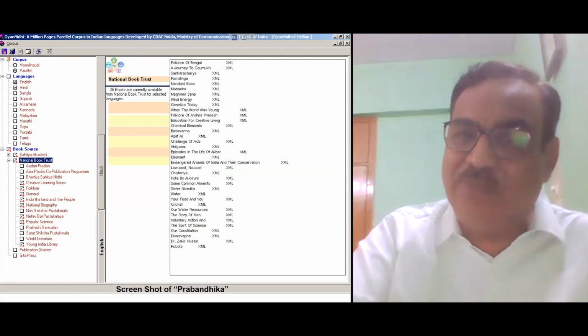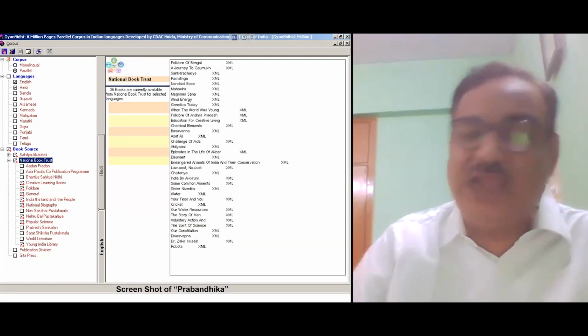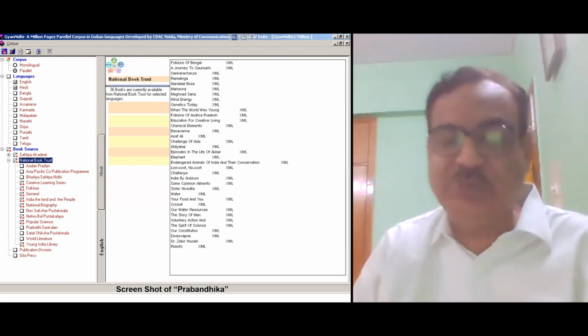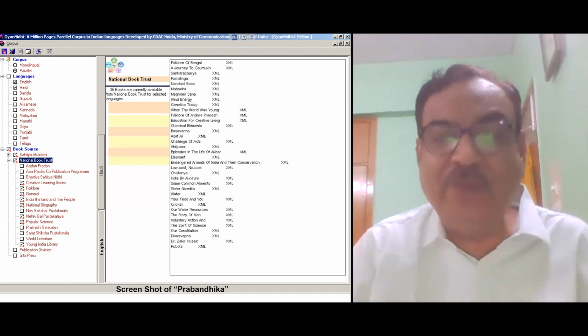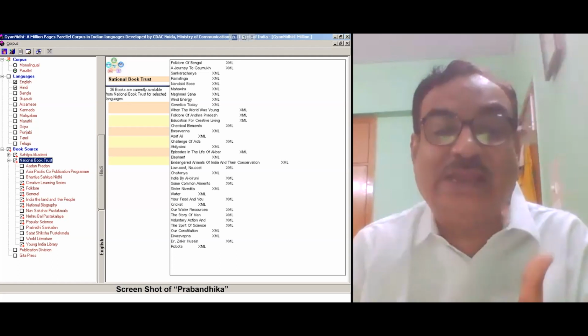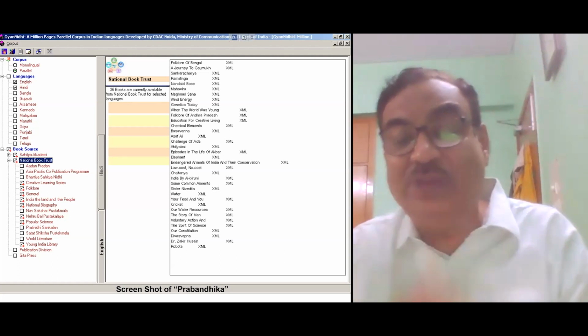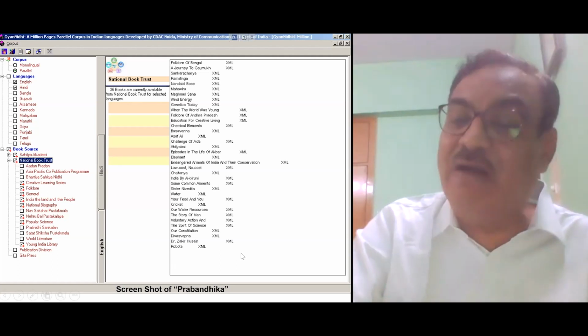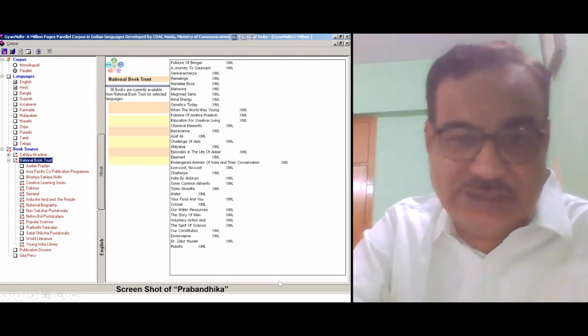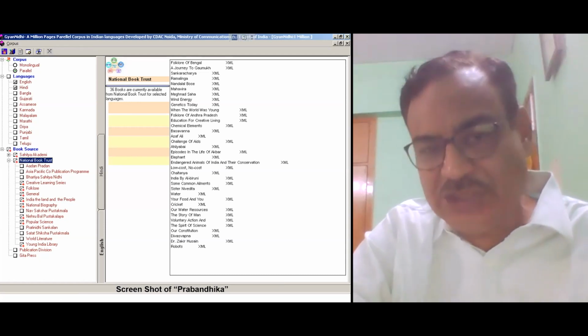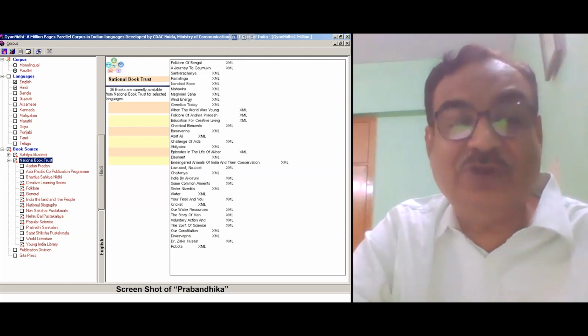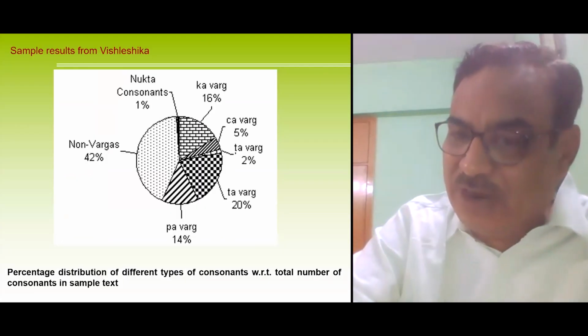And one good example I can cite is that of National Book Trust. National Book Trust is in Delhi. We contacted them and we collected all that, and we made this particular Prabandhika available to them as well as to others. There were appreciation from researchers because they got access to this particular part.